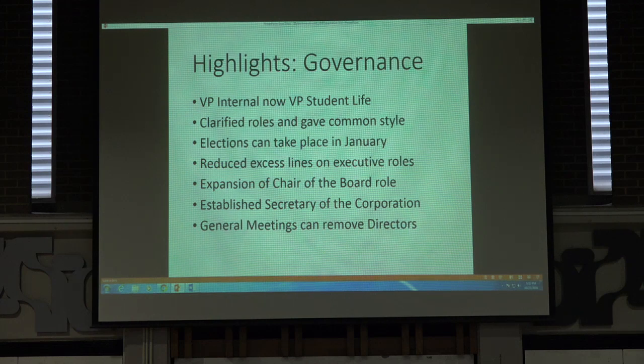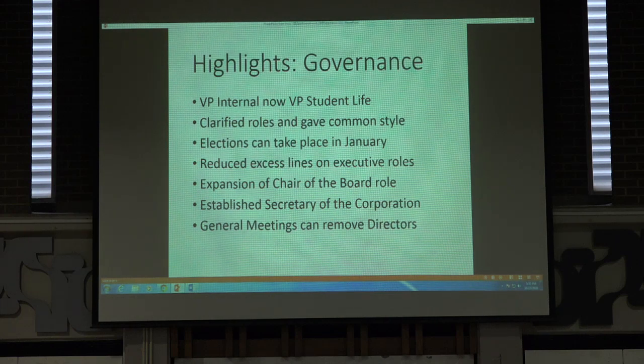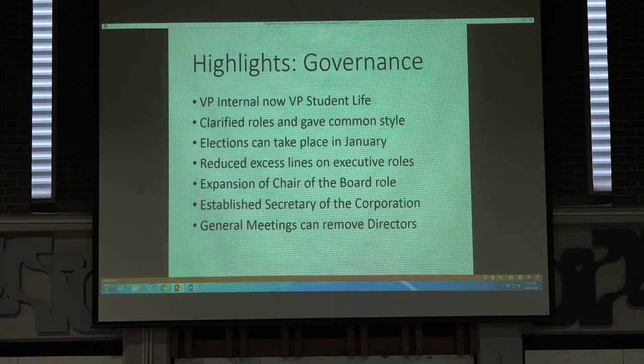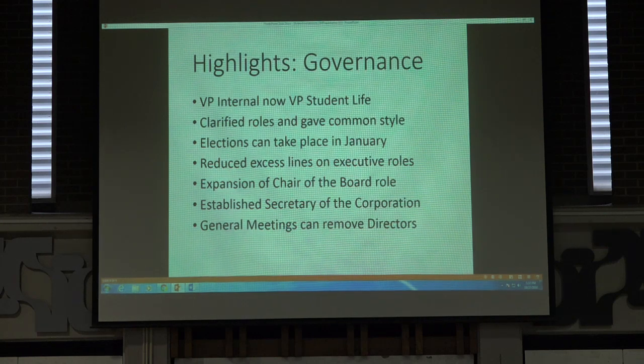We've also clarified the roles and gave it a common style, so every executive role now looks the same and operates the same way, but they each have clarified what they're actually supposed to be doing within the organization. Our elections can now take place in January. So the big thing with this was elections were bound to happen just in the week before reading week.